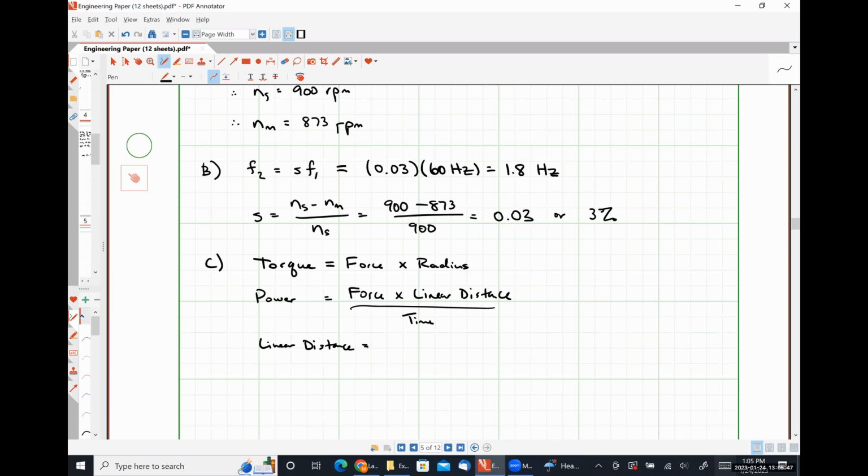Close. So radius times angular velocity times time. So effectively radius times angle gives us the part of the circumference that we're looking for.